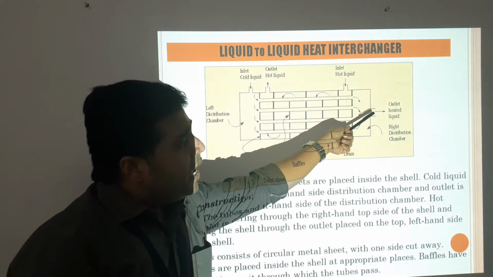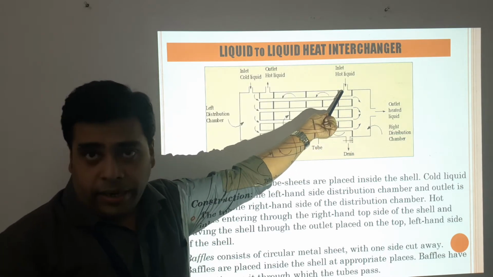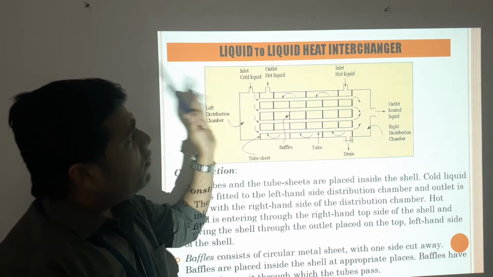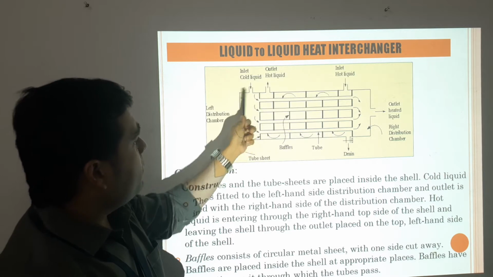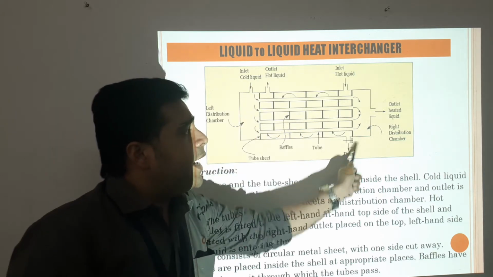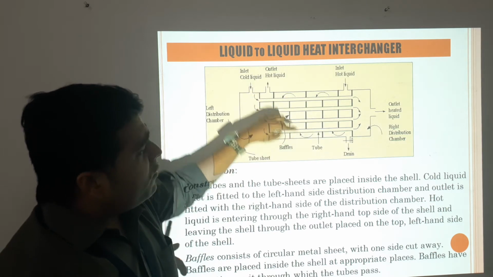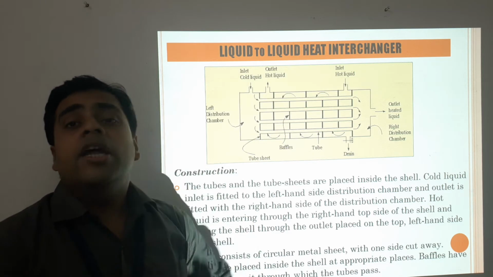So this is the outlet of the heated liquid and this is the inlet for the hot liquid and this is the outlet for the hot liquid. So the inlet for the cold liquid is given in the left hand side. So this is the left distribution chamber, and this is the right distribution chamber. And through the tubes you are finding the baffles and just look at the arrows of how the heat is being distributed.